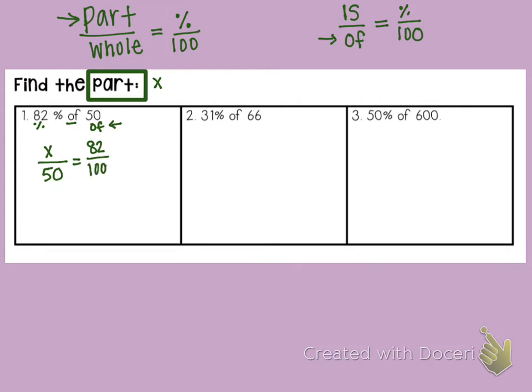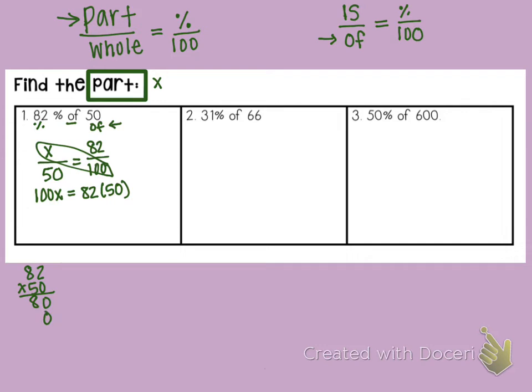And then we cross multiply, and we have 100x equals 82 times 50. Okay, so we're going to go off to the side and multiply this. 82 times 50. 0 times 2 is 0, and 0 times 8 is 0.